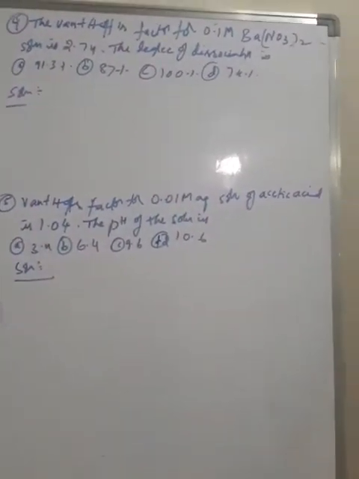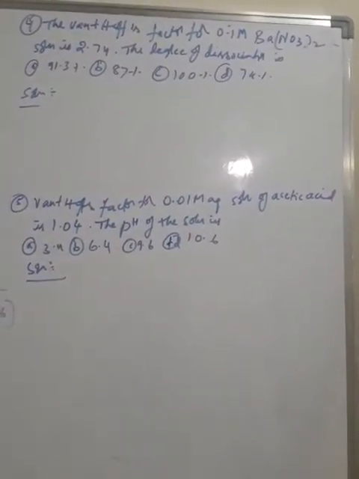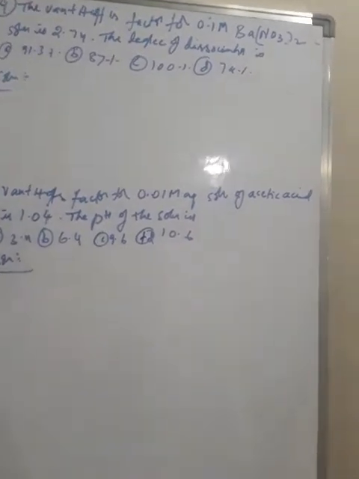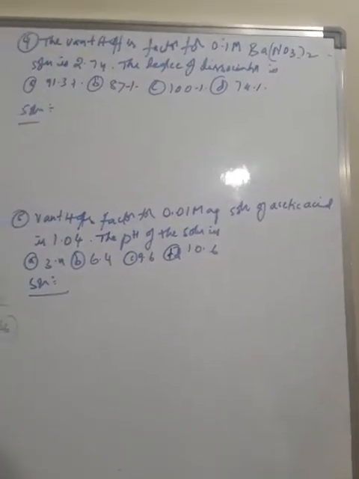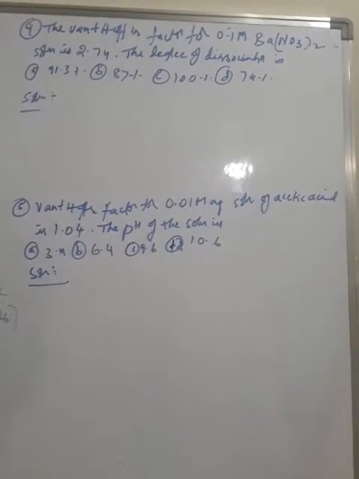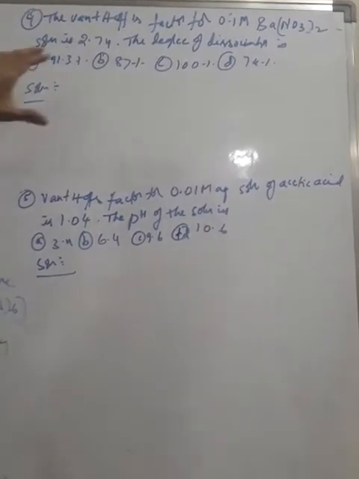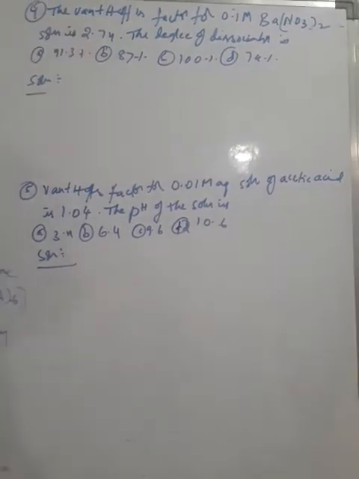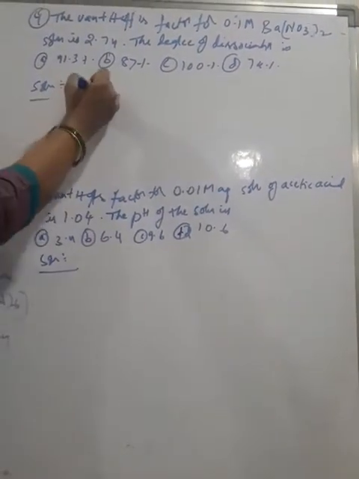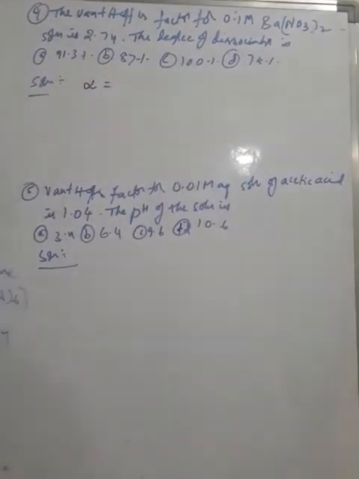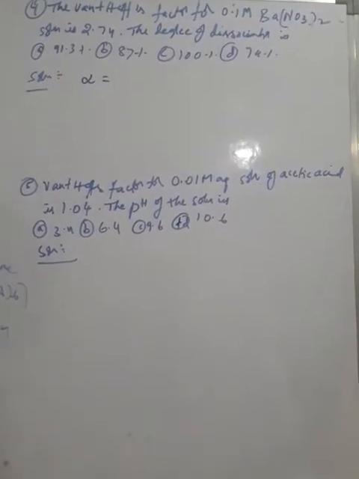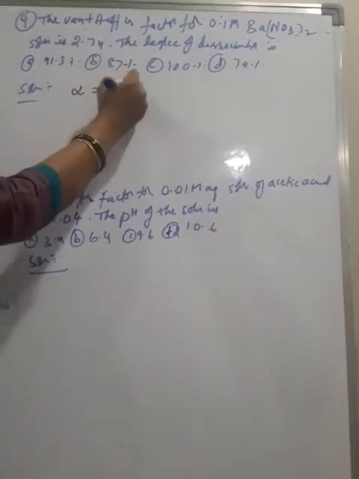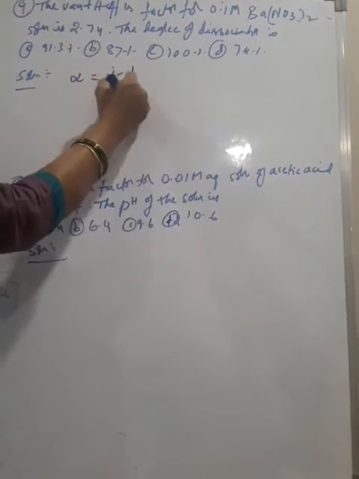Next. Van't Hoff factor for 0.1 m barium nitrate solution is 2.74. The degree of dissociation is. We have to substitute i factor value in formula directly. For dissociation, degree of dissociation alpha is equal to (i minus 1) by (n minus 1).